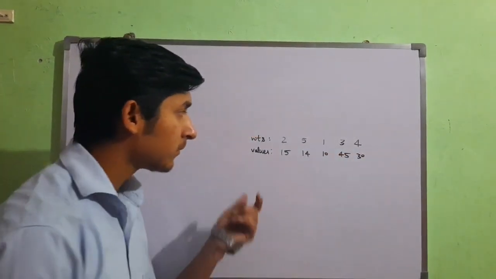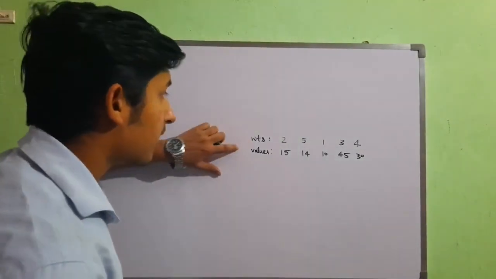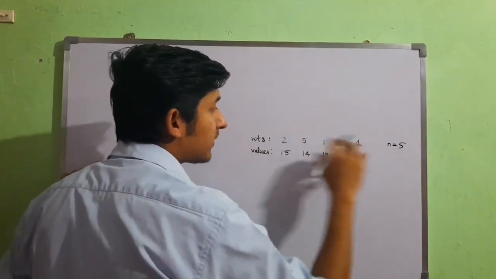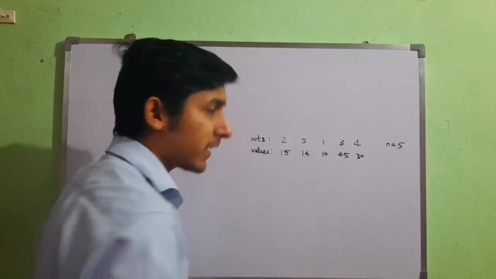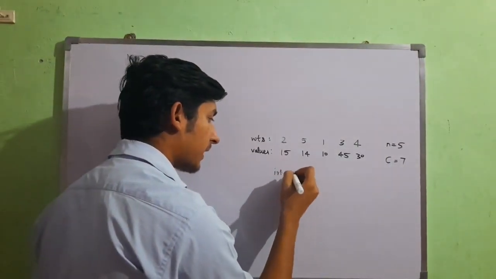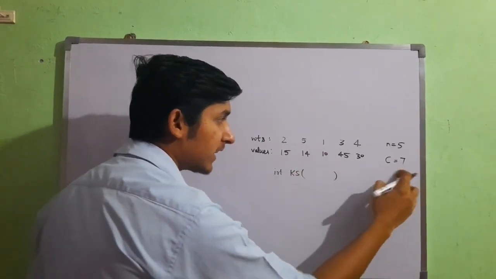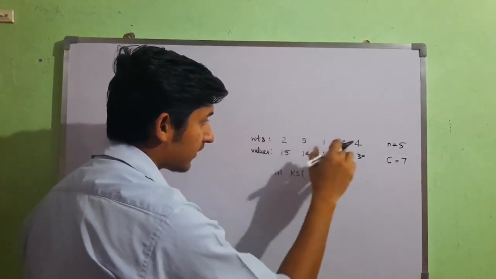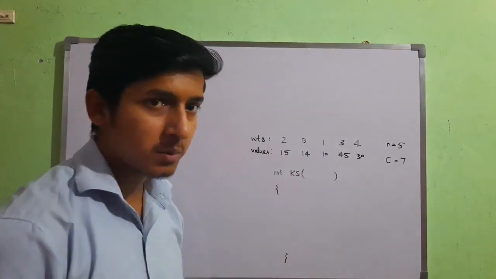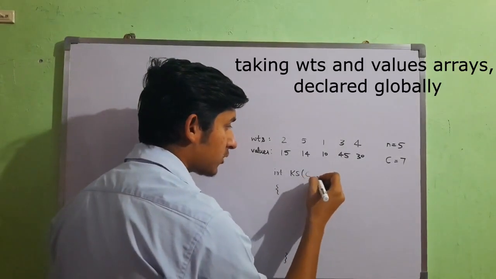This example is taken from that video only. So n equals 5, with these weights and prices, and the function returns the maximum profit that I can take out of these articles with this carrying limit.